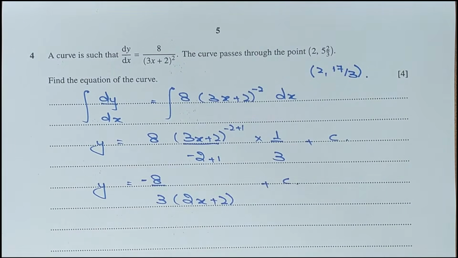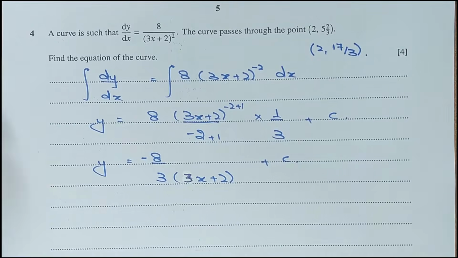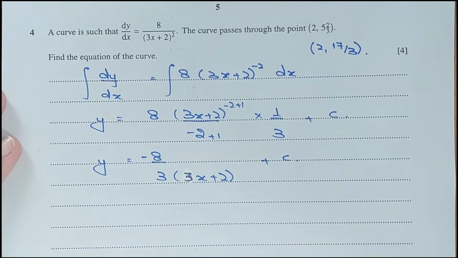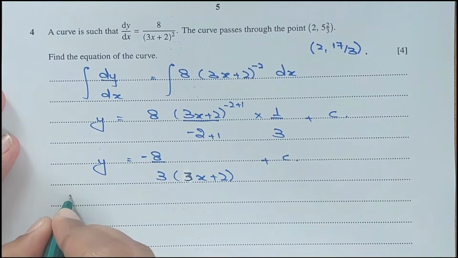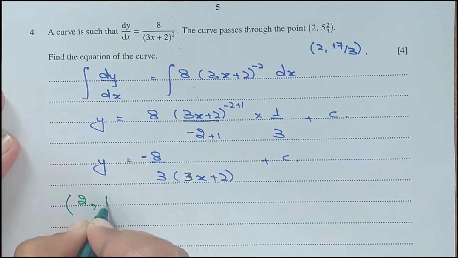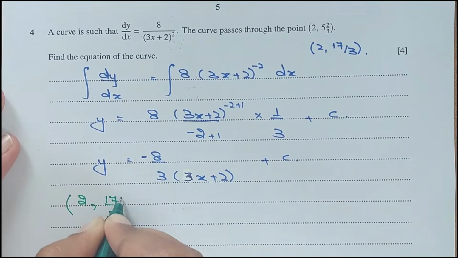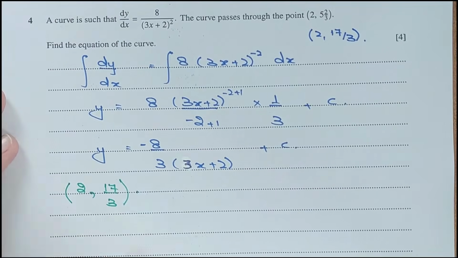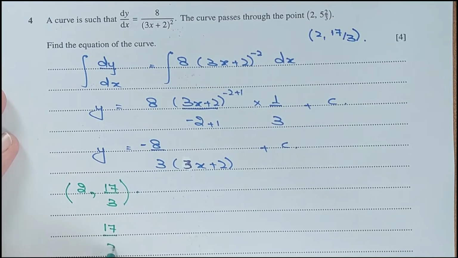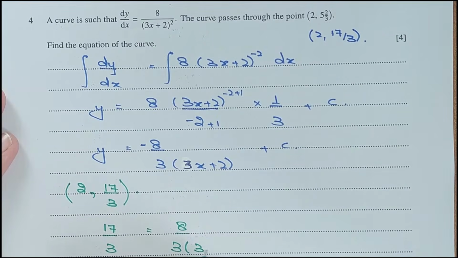plus some constant of integration. Now to get the value of c, let's use the point, which is 2 and 17 over 3. Okay, the y value 17 over 3 equals negative 8 over 3 into 3 times 2 plus 2, plus c, right?